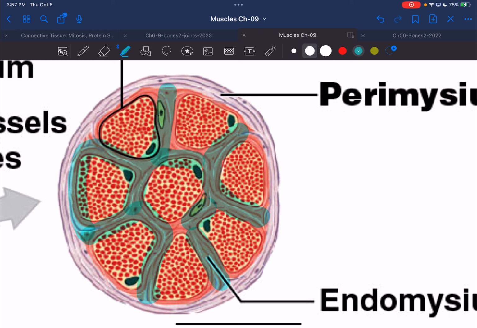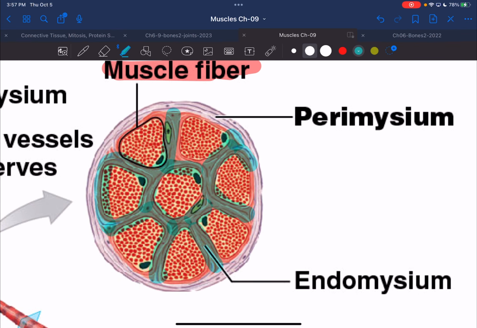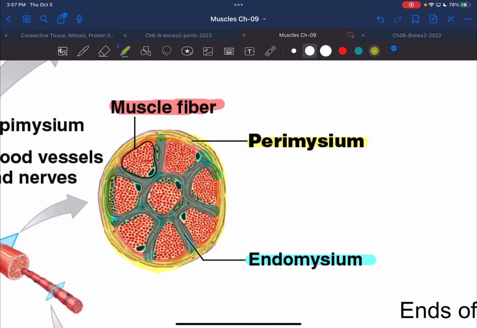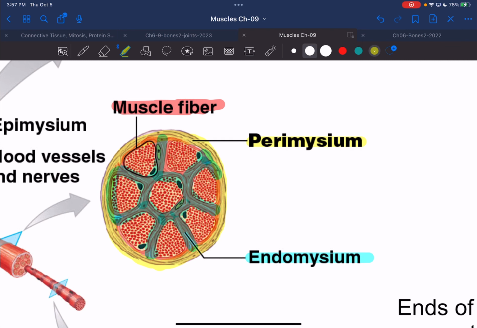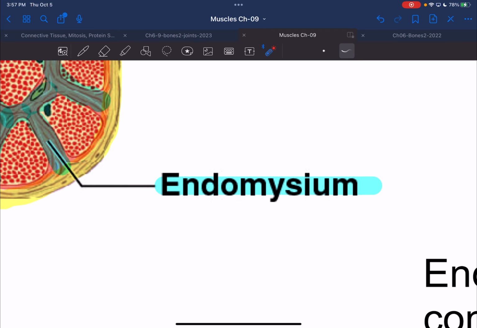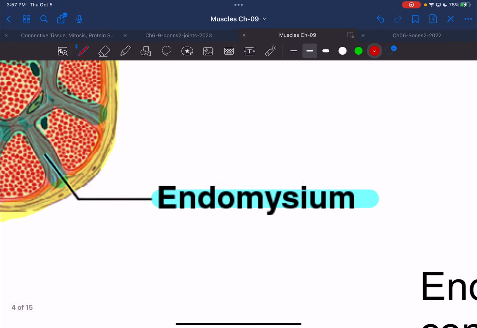And it's connective tissue, probably areolar. And that's going to be endomysium. And our perimysium is the one that envelops the entire region. Perimysium. And each muscle fiber has an endomysium.